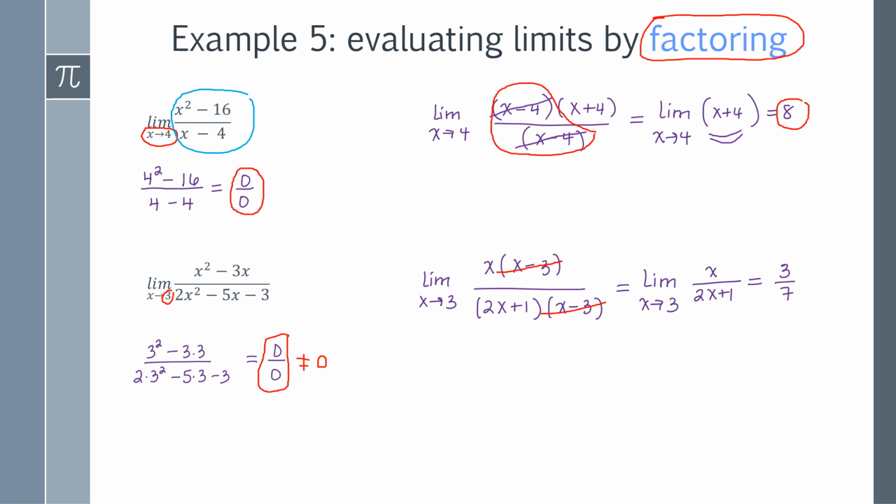Plugging in 3 for x, the limit turns out to be 3 over 7. So factoring is a nice technique that we apply to limits whenever we are working with a rational function and we get the form 0 over 0.